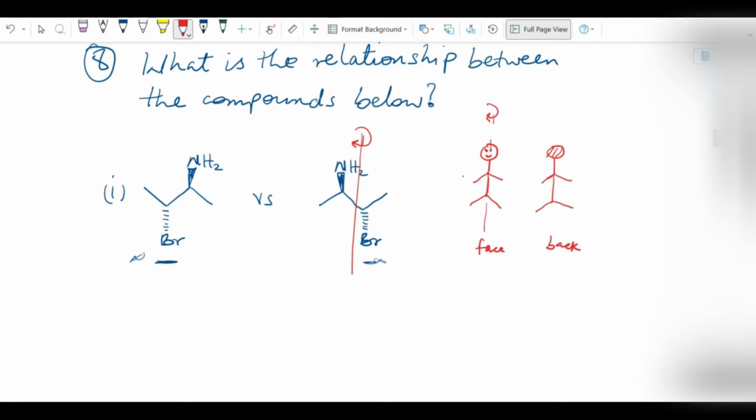But the only difference is that the right hand here, this is his right hand, that is on my left. When you flip him, his right hand will now be on my own right. But the key thing is that whenever you flip along the vertical axis, whatever is facing you now backs you, and whatever is backing you now will face you.